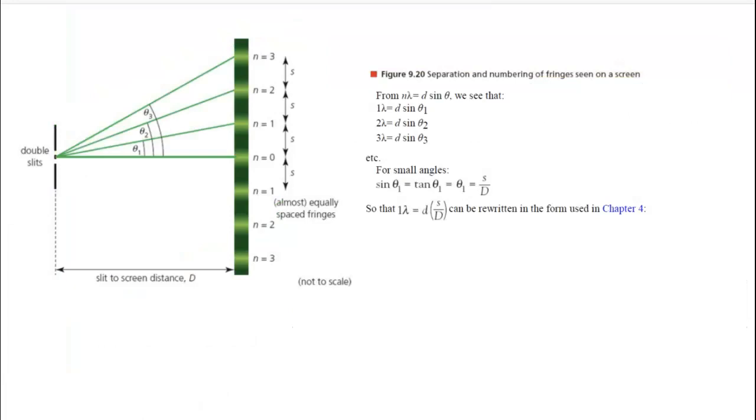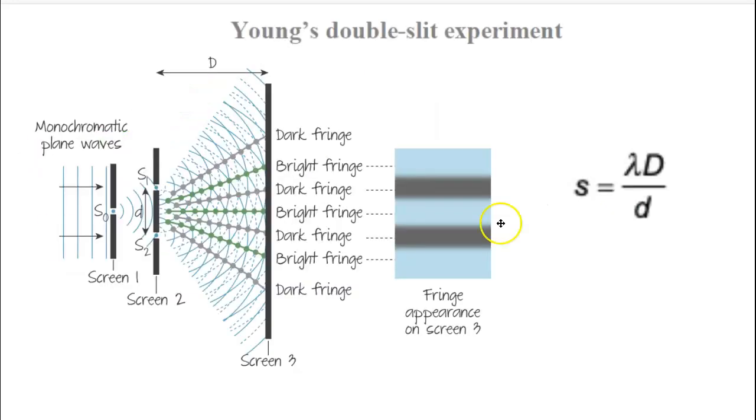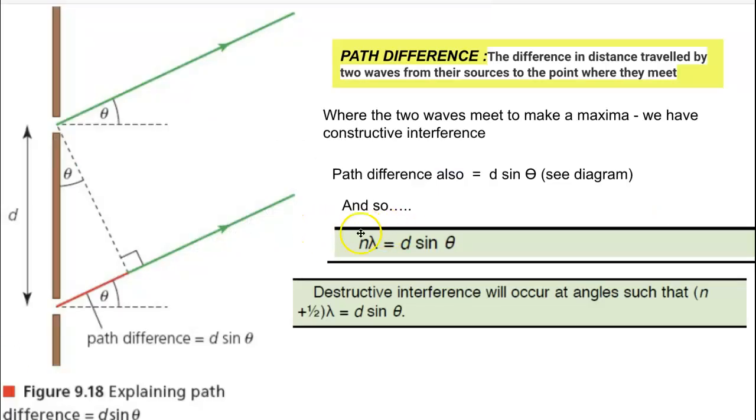Okay, so now let's get back to this equation from grade 11, which relates not to the angle theta, but talks about this ratio of S over D. Now, the reason why we can use this equation here, S equals lambda D over d, is that it's actually the same equation as this.